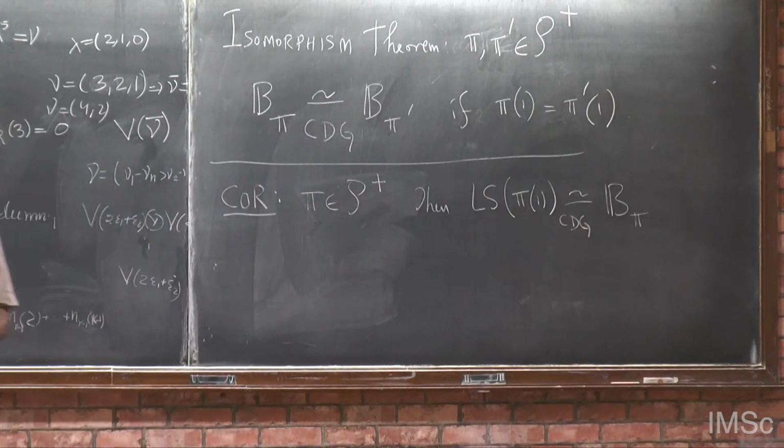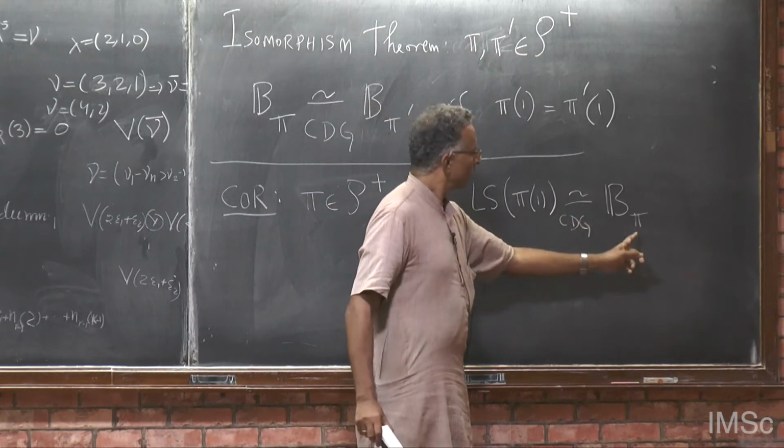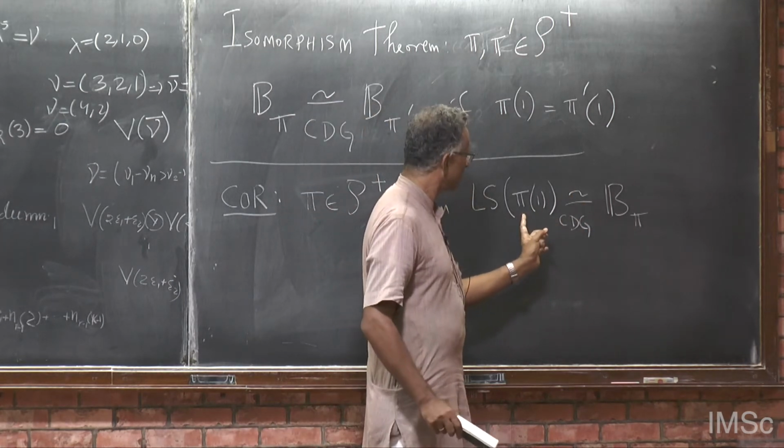Okay. And we know several things about LS of pi 1. There is a unique path, for example, in LS of pi 1 which vanishes under all E alphas, namely the straight line path itself. And therefore, you conclude that that path must be sent to pi.